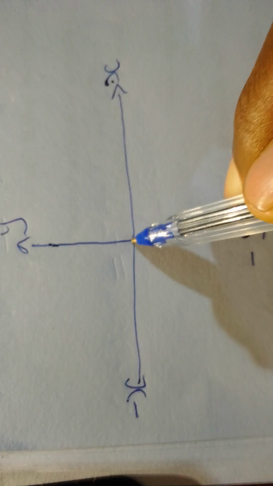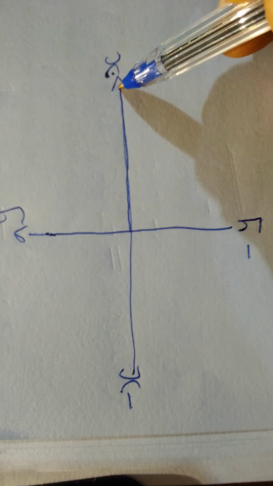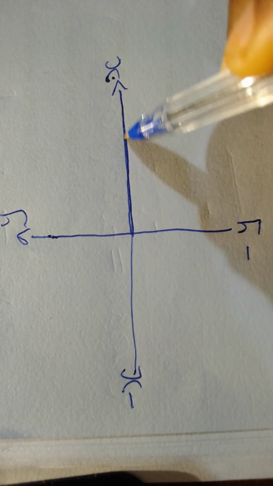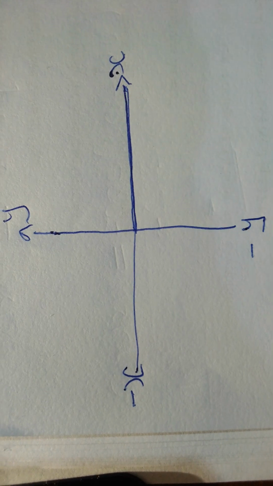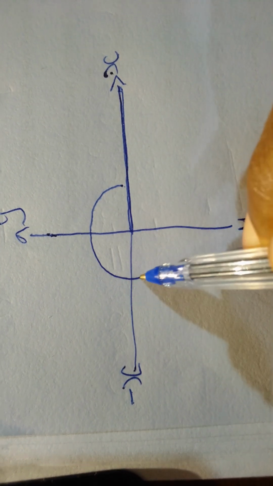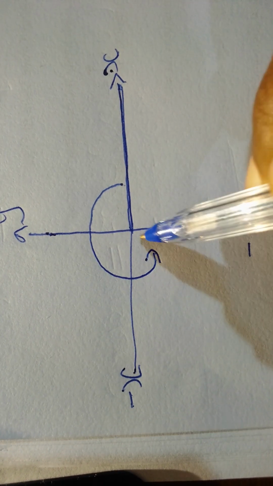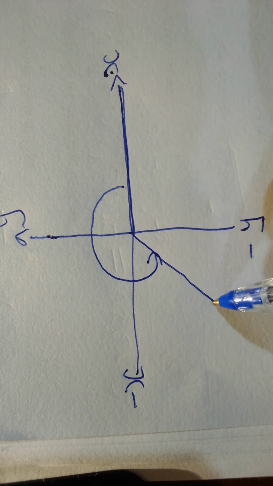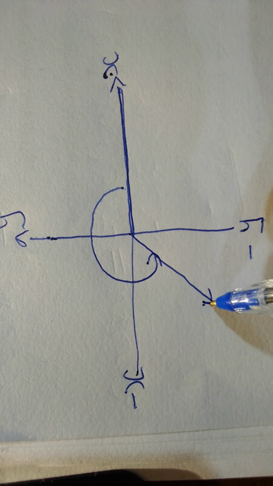So again, this is the initial side of the angle theta that is rotating. It rotates here and terminates here at the third quadrant.